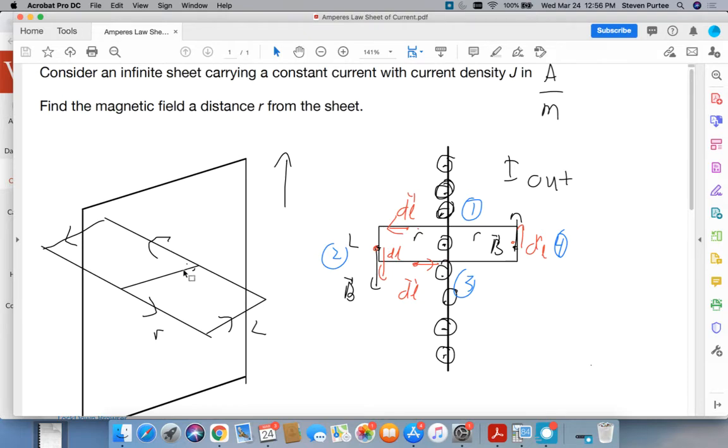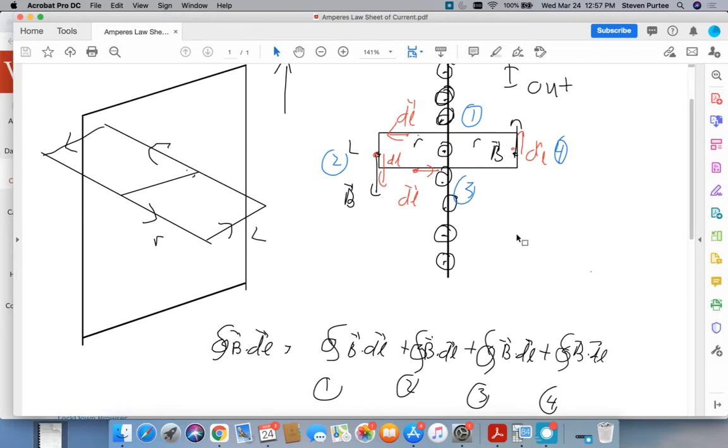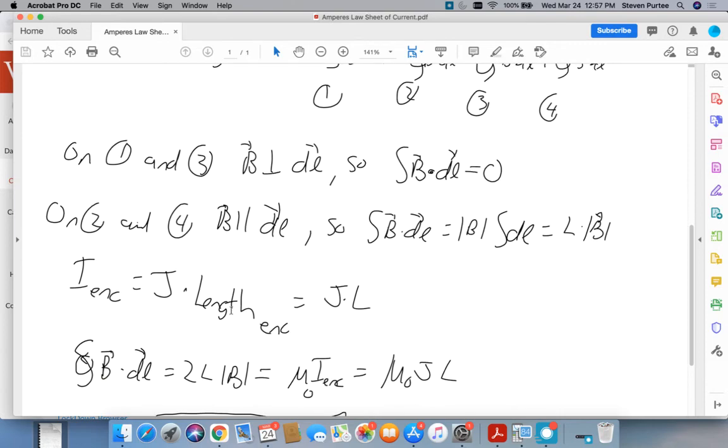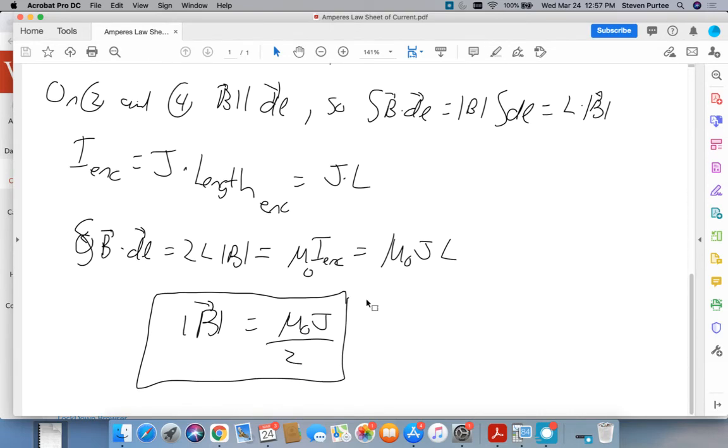It's just that right there. It's that length. J times meters would give current, amps. So my current enclosed is J times L. So 2LB equals mu naught I enclosed. That's mu naught JL. The L's cancel.